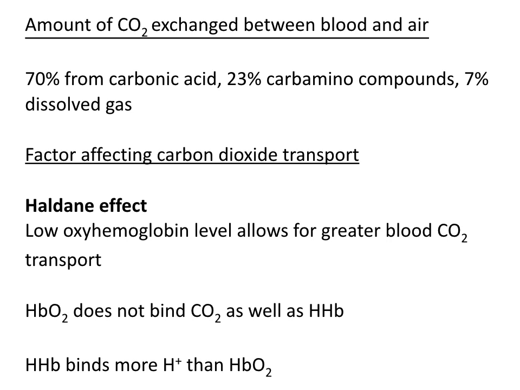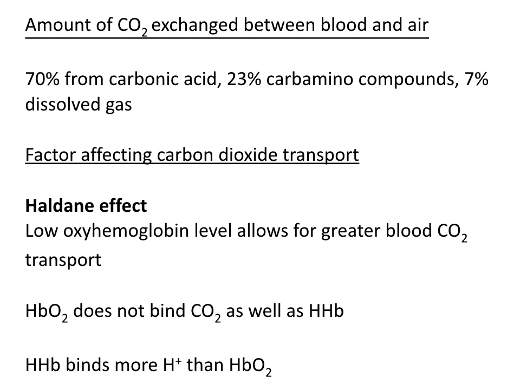Now, there is one major factor that can affect your CO2 transport. It's described as the Haldane effect. Now, low levels of oxyhemoglobin actually allow for greater blood CO2 transport. If you have low oxyhemoglobin, that means you have high deoxyhemoglobin. Now, if you're looking at the symbols on the page, HHb actually means it's deoxygenated hemoglobin.